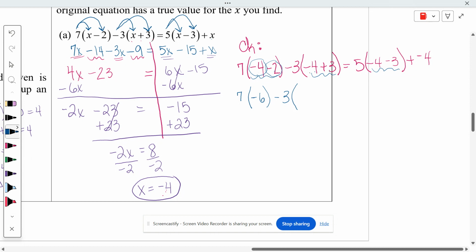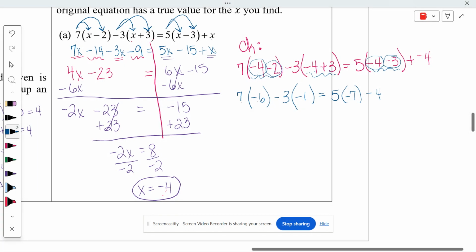When the signs are different, you subtract and keep the sign of the bigger number. 4 minus 3 is 1. The bigger number is negative. Negative 1. Equals 5 times the quantity. Same signs. Add and keep. The signs are both negative. I'm going to add the two numbers together and keep the sign. Negative 7. Plus a negative 4 is the same thing as minus 4.